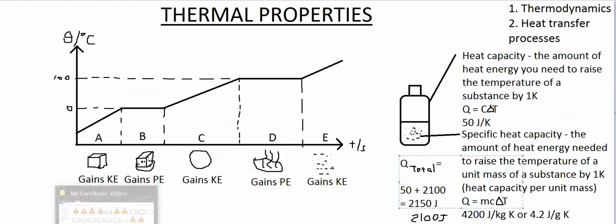So this is the amount of energy you need to raise the whole bottle and water combined to 29 degrees Celsius. If you want to raise it to a higher temperature, just multiply this by the temperature change.